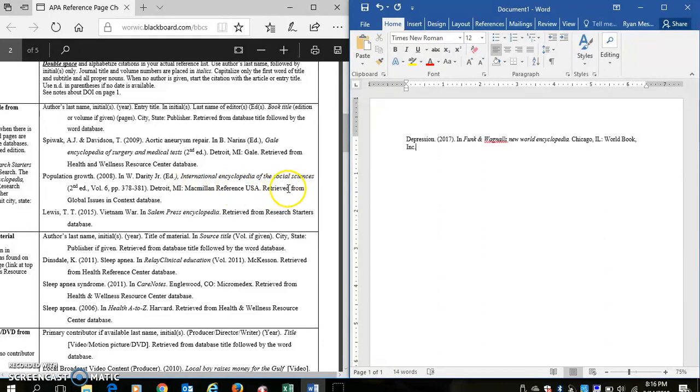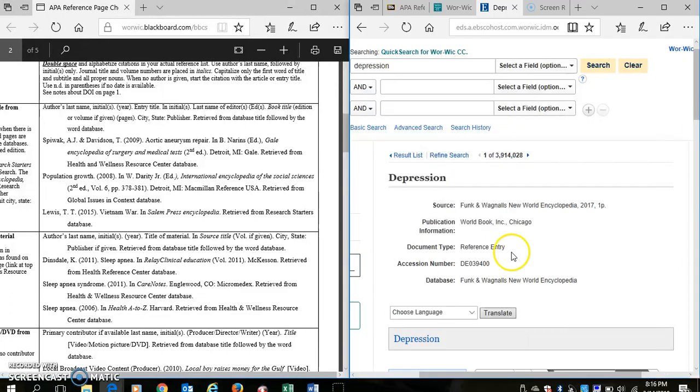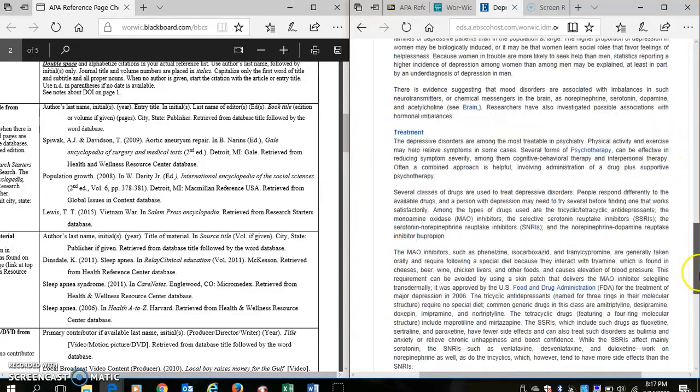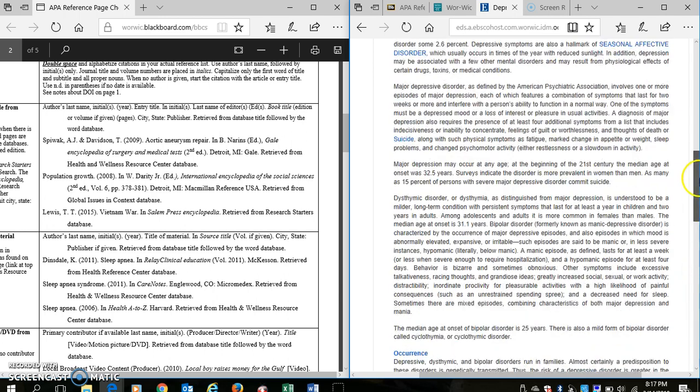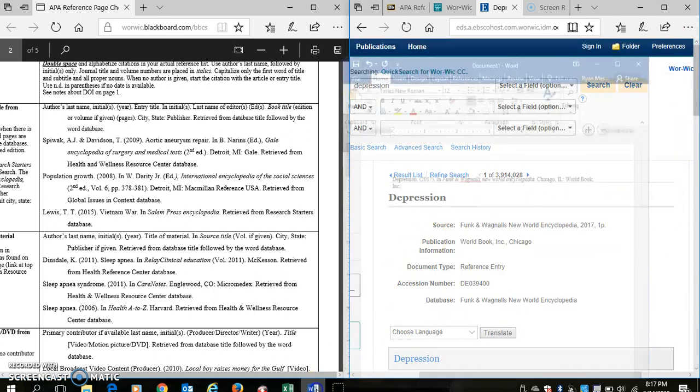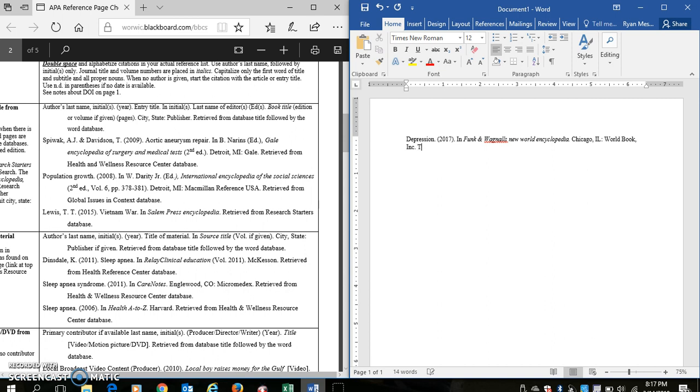And then the last thing we need to do is just put where we retrieved it from. So if we come back, this is from EBSCOhost. So we would put Retrieved from EBSCOhost database.